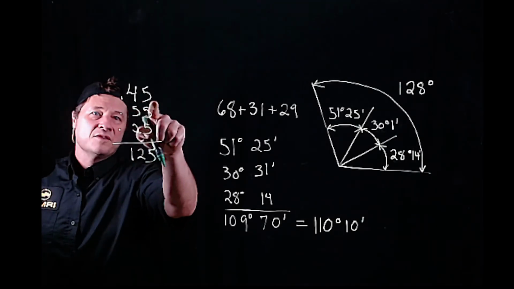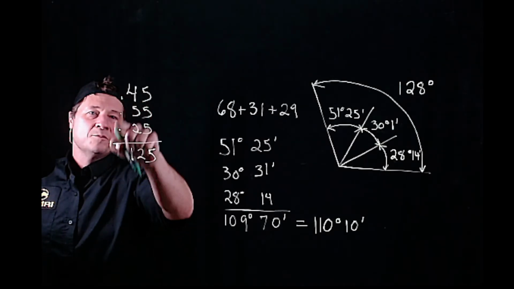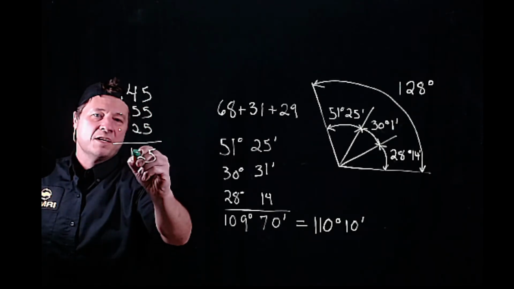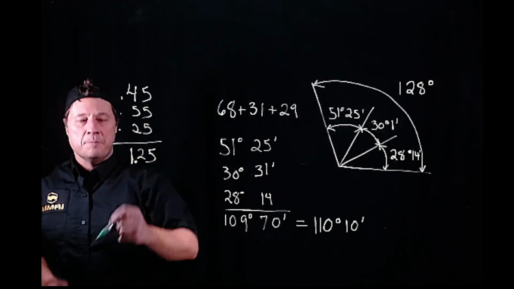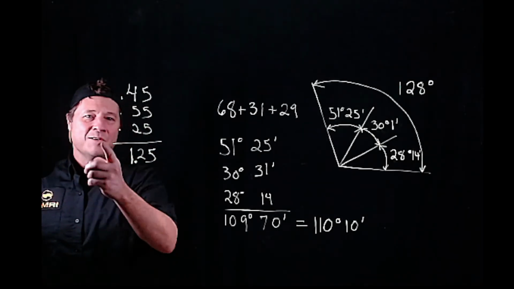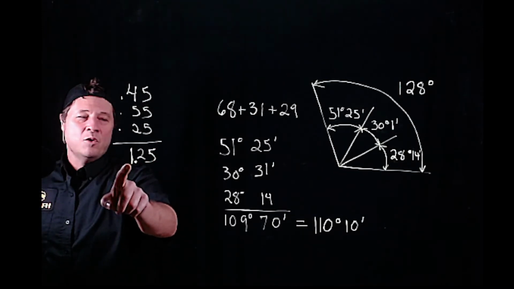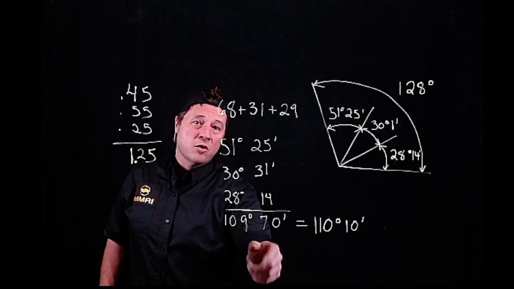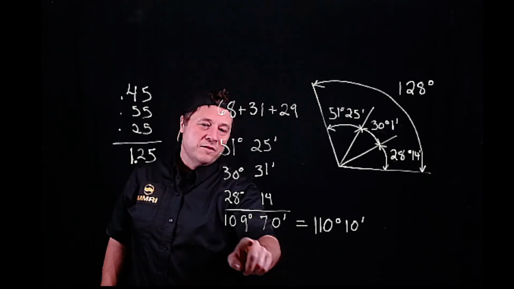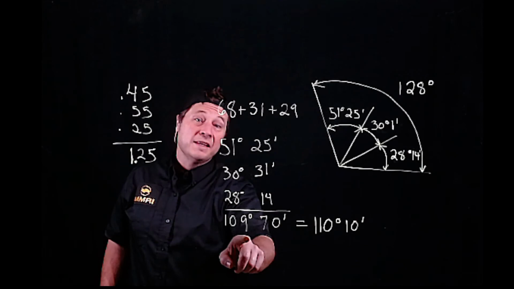So bring the decimal down. See how there's 2 decimal places here? So 1, 2. So this becomes 1.25, right? Anytime we get above 0.99, then we have to go into the whole number. So the same as here. Once we get 60 or above, this goes up 1 degree, at least 1 degree.